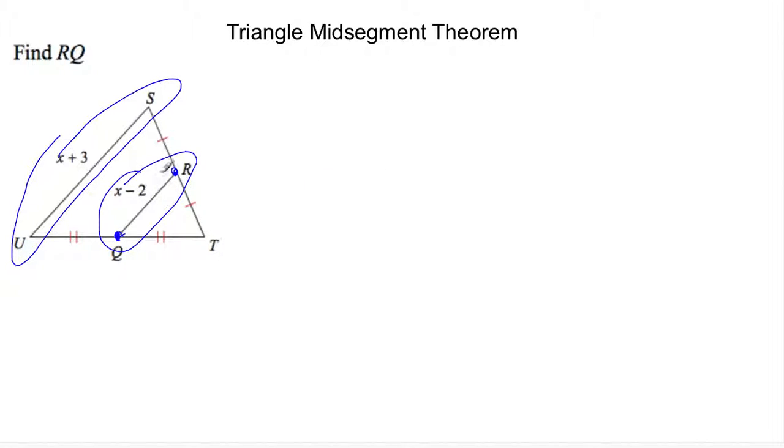So if we want to solve for x here, we have two options. We can either say that 1/2 of the larger side, x plus 3, is equal to x minus 2, or we could say that 2 times x minus 2, so double the shorter side, equals that larger side.